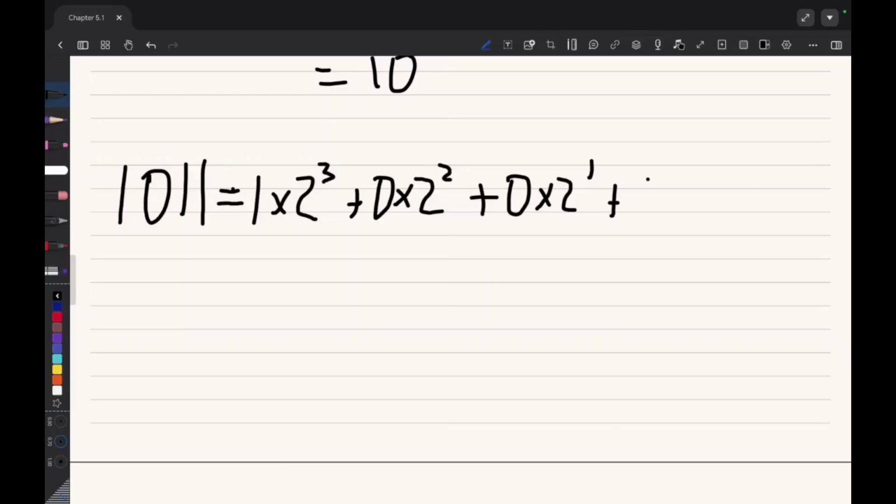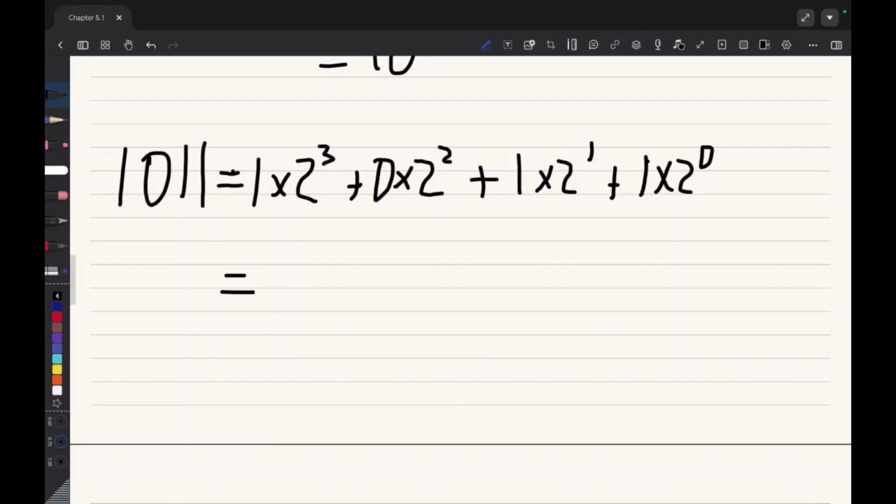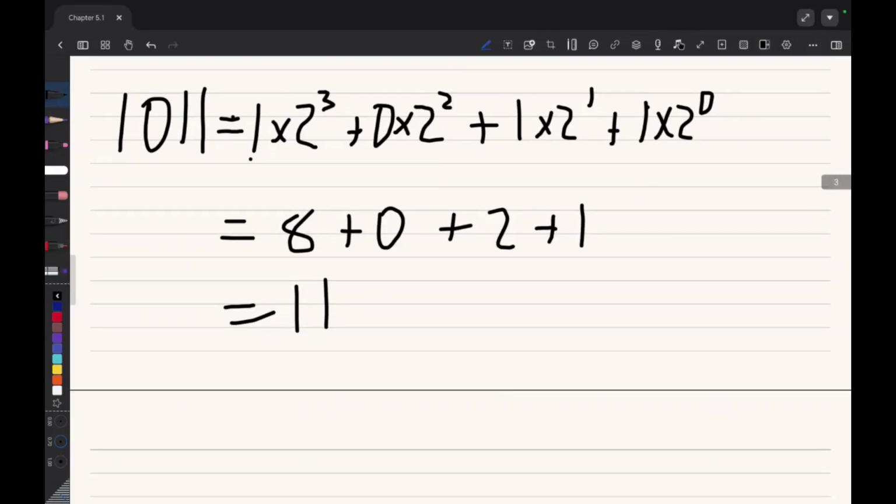Oh, it's 1, it's not 0. My mistake. To the 1, plus 1 times 2 to the 0. Now, by my assumption, this is going to be 11. Now, let's see. We have 8 plus 0 plus 2 plus 1. Yes, it's 11.